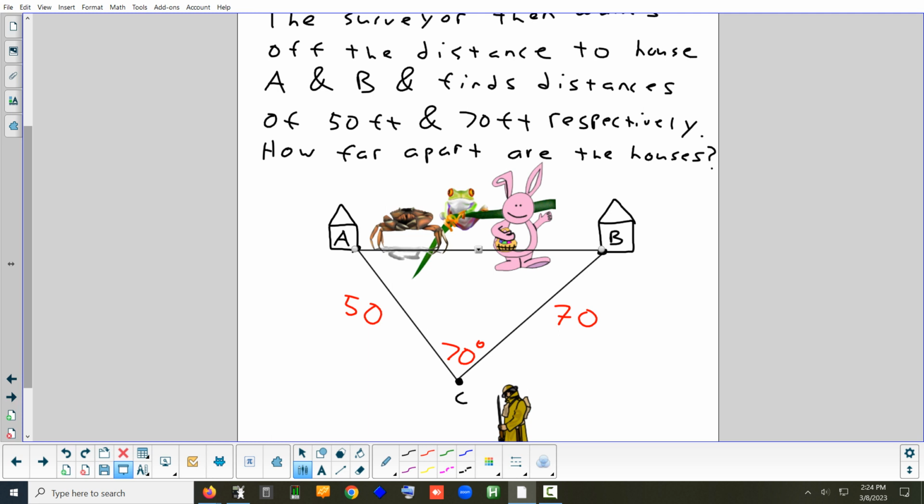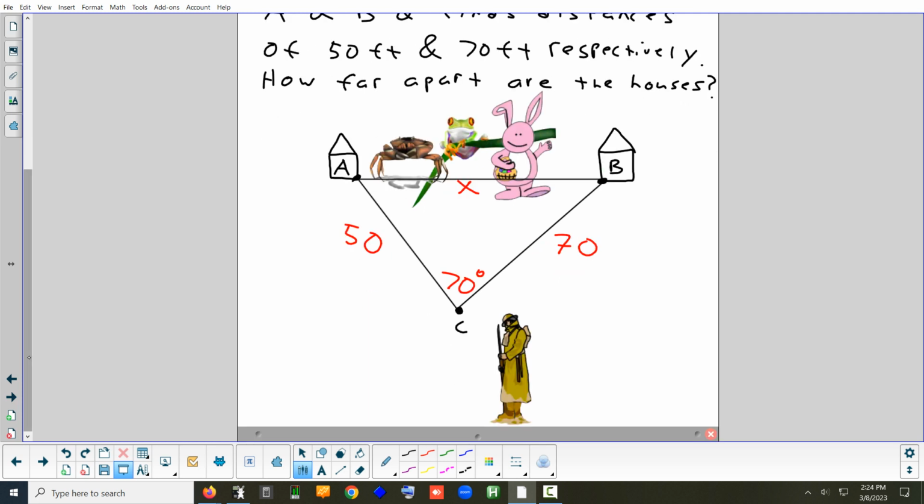We could use A, B, or C. But the point is, you need a letter. Be careful about the letters they already used in the problem. They already used A, B, and C, so an H or an X or a Y. Pick something that's different. So let's call that side X.